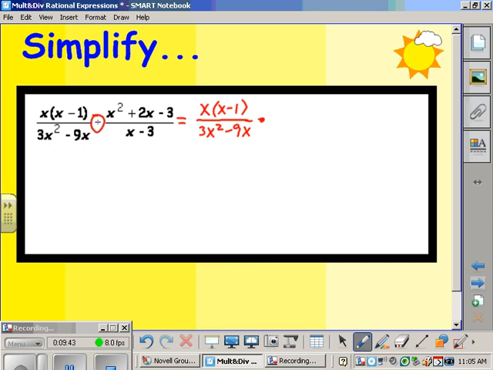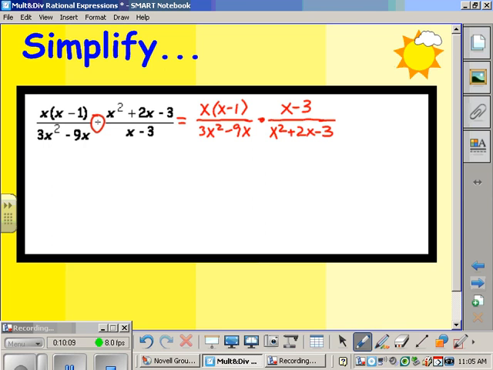So we're going to multiply by the reciprocal of the second. In the second, we have an x minus 3 in the denominator, which is going to move to the numerator. And then we have our trinomial x squared plus 2x minus 3 now in the denominator. So we simply flipped that second fraction.